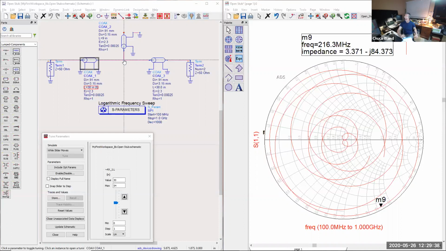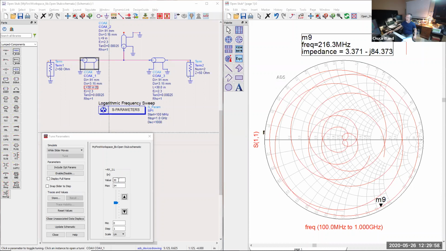Far more important and far more influential, the real culprit is coax number one. And that's what's causing these impedance issues here. Let me demonstrate that to you by going into tuning mode.